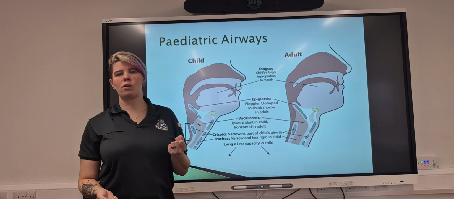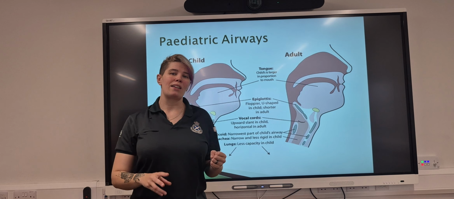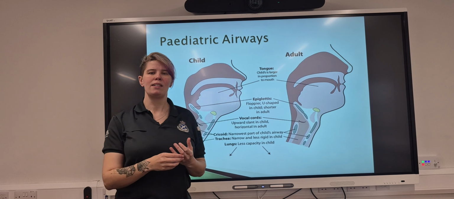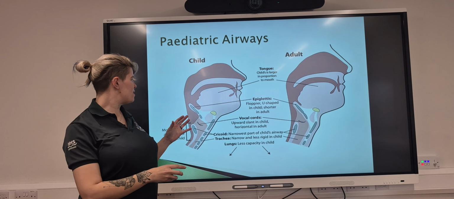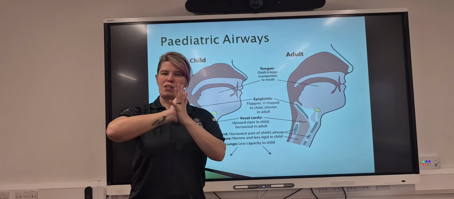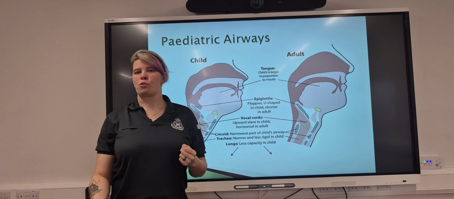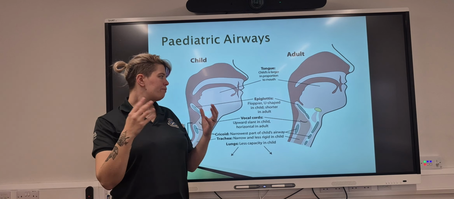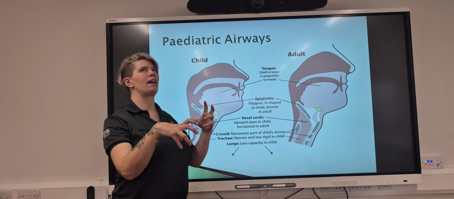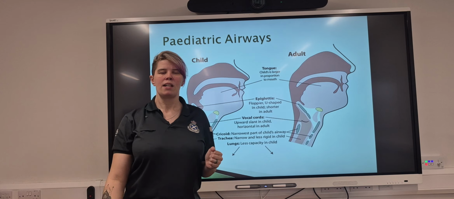So if you see us ventilating a child in comparison to an adult, we'll be less likely to tilt the head back when we're ventilating, because what happens is that the trachea is likely to collapse because we don't have the rigidity that we would in an adult. So just to make you guys aware, if you see us ventilating, you're going to notice that we are not tilting the head as far back. We're going to keep them more in a neutral alignment.